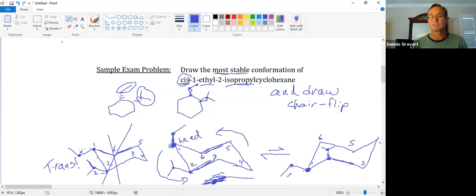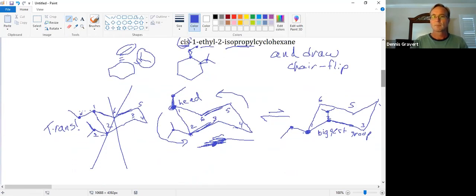And then if the teacher says, well, how come the chair on the left is more stable than the chair on the right? You could say biggest group. Now I do want to scroll down a little bit, get a little more room. I should have said isopropyl.